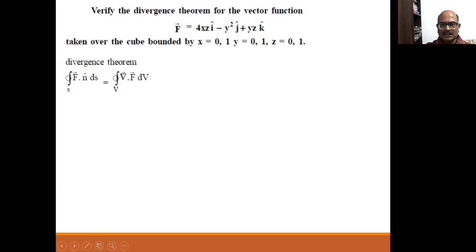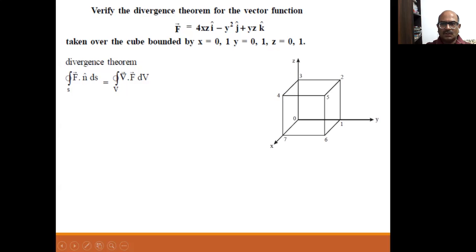But the field is given here, and the conditions are given: x = 0, 1, y = 0, 1, z = 0, 1. So this is the cube and the boundary conditions are also given.